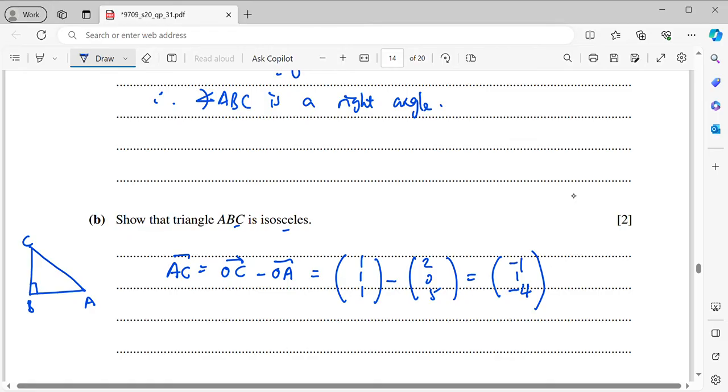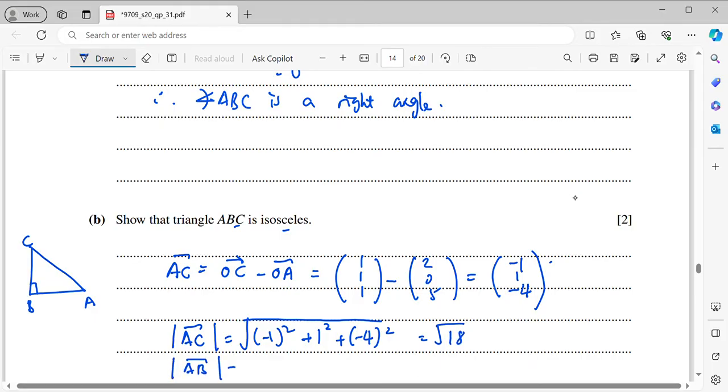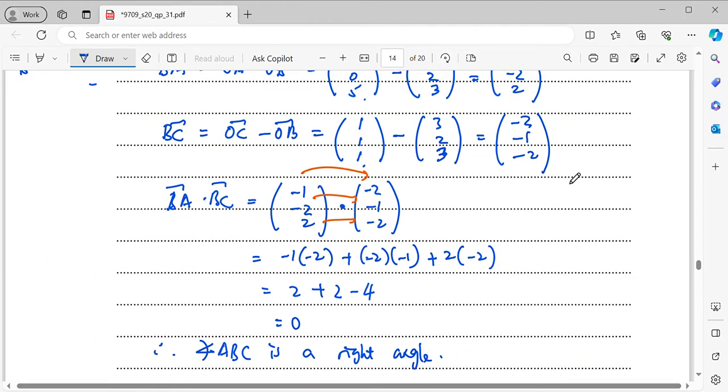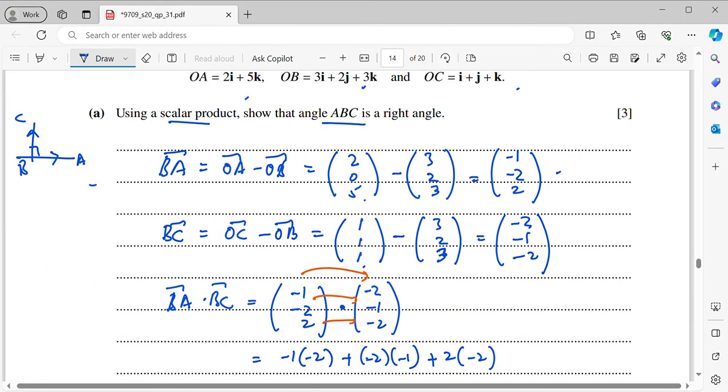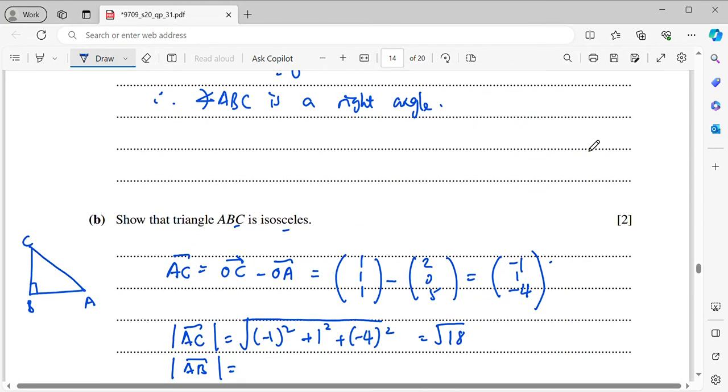Then now we need to find the length. So length of AC equals the square root of minus 1 squared, based on the vector here, plus 1 squared plus negative 4 squared. Then you get square root 18. Now the magnitude of AB, refer to the previous calculation. AB is the same as BA, so minus 1, minus 2, and 2.